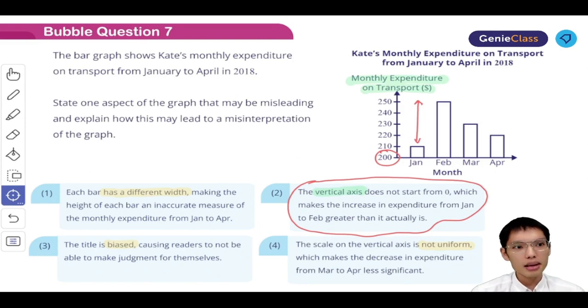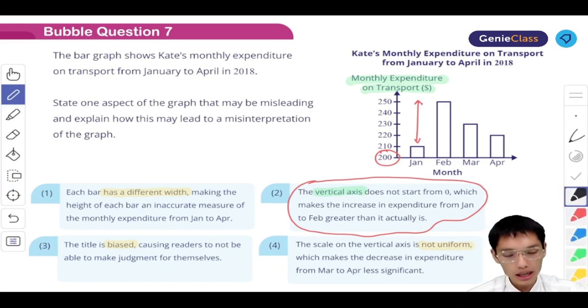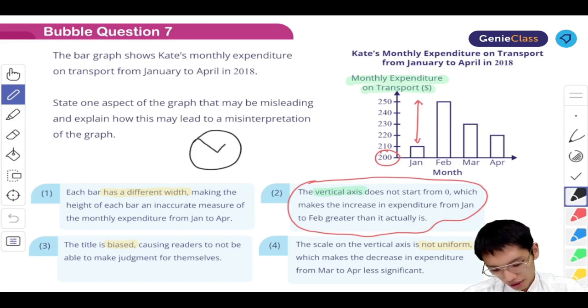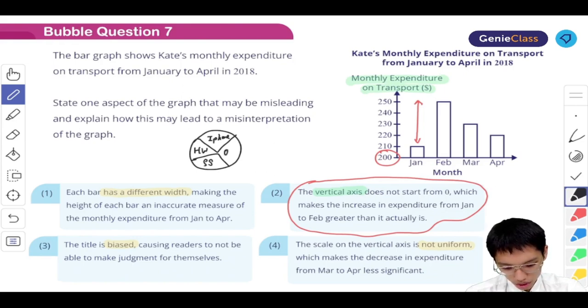Okay, Denise asked for an example of a biased title. Maybe for this one it's a little bit hard. So let's say I have a pie chart. Let me draw a pie chart of phones, and people choose certain phones. So let's say this is iPhone, this is Huawei, this is Samsung, and this is Oppo. Say for example, in a class they only use these 4 phones.